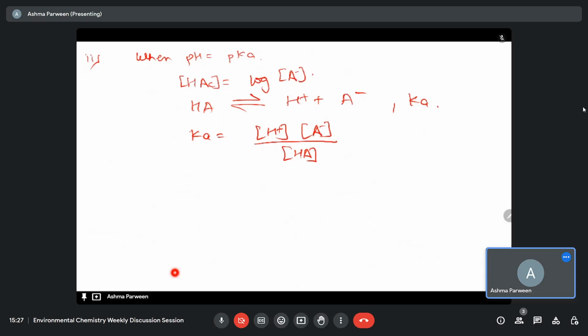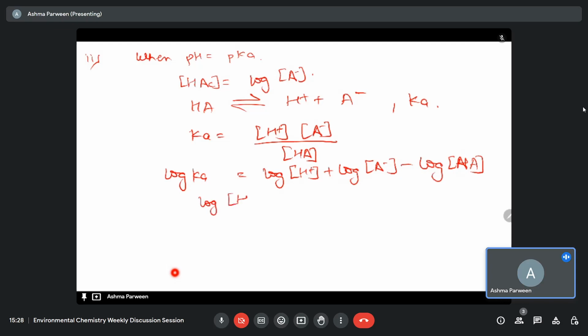If we take log of both sides, it will give log Ka equals log H plus plus log of A minus minus log HA. And we have pH equals pKa, that is, log Ka, and log H plus will cancel out, and we will get finally log HA equals log A minus.